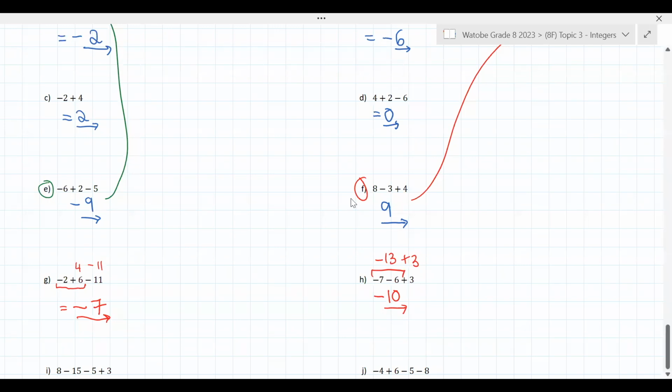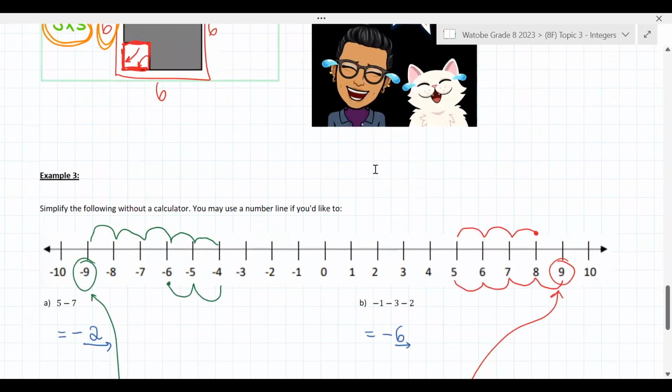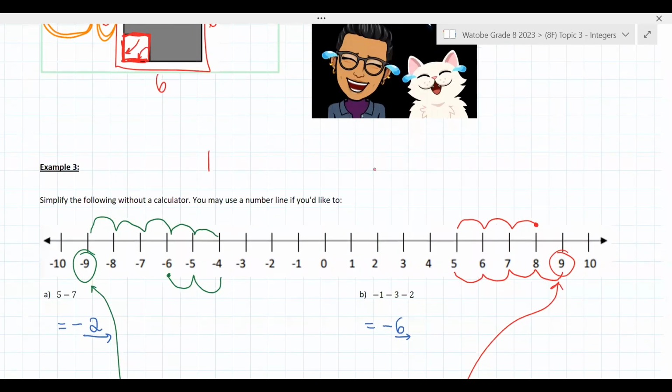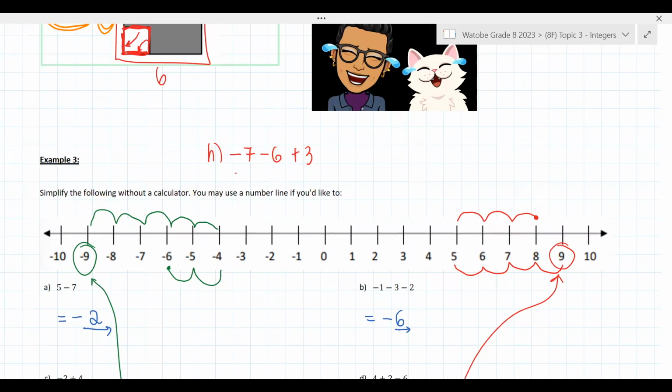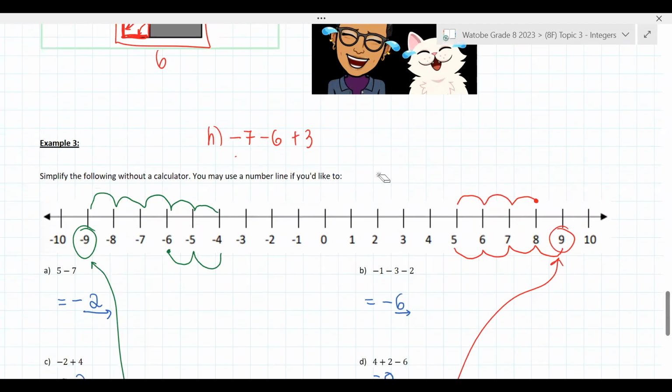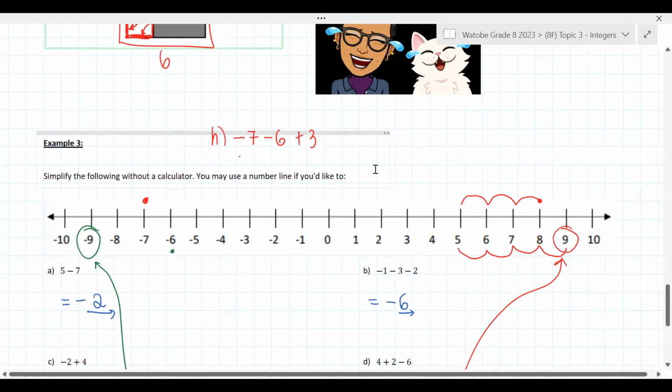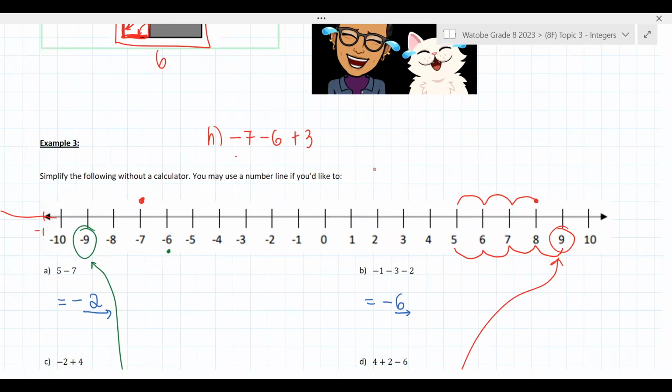Okay, so H was -7 - 6 plus 3. So let's look at our number line. So I start at -7 and I subtract 6. Now my number line, of course, doesn't go long enough. So let me extend it: -11, -12.